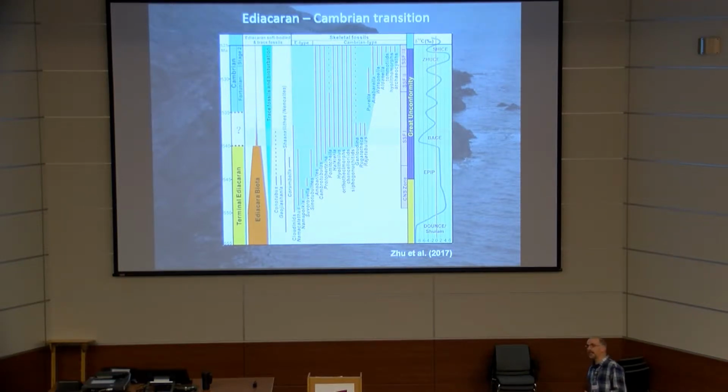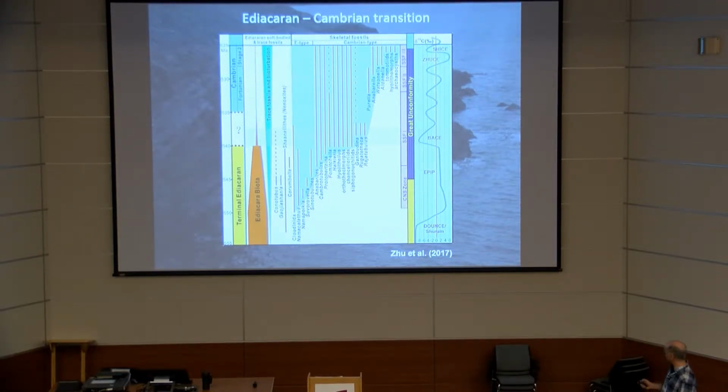There's a more detailed illustration of major faunal turnovers by Mao Yanjue and his colleagues. It also shows the major changes in the ocean geochemical cycles, which is reflected in the large Shuram positive carbon isotope excursion and also the basal Cambrian isotope excursion.